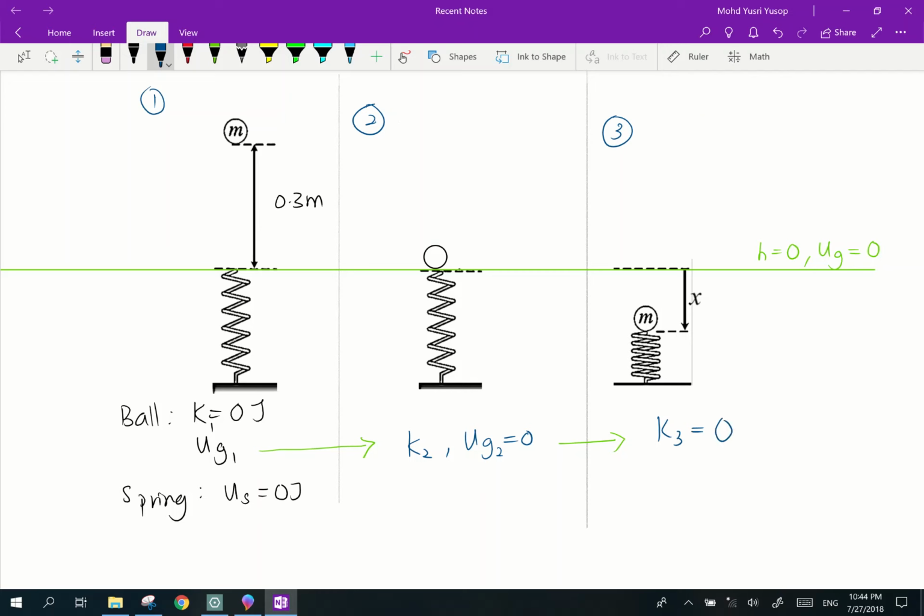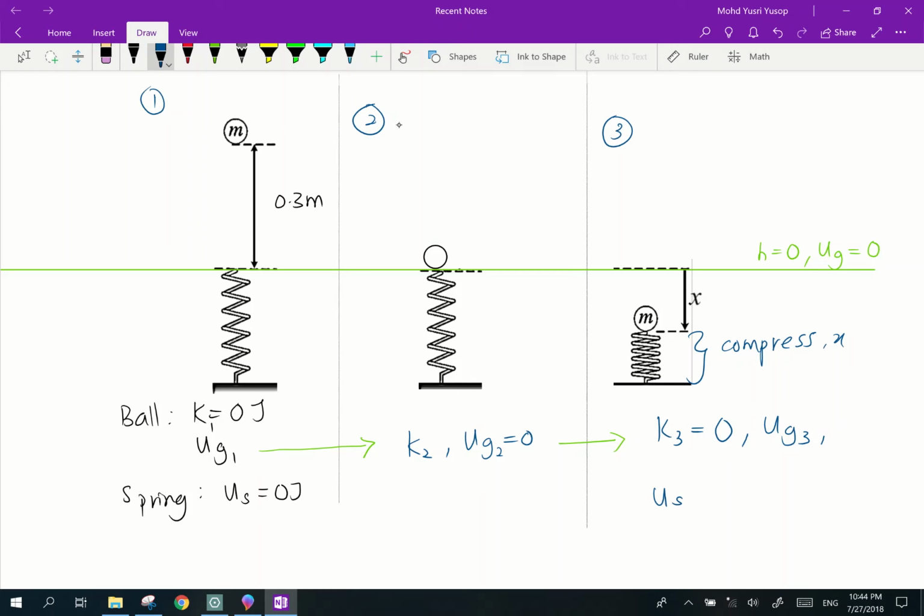But, kita perhatikan, bola ini tidak berada pada garisan hijau, maksudnya ada gravitational potential energy. Ada satu value. Dan, kita tengok spring kita sudah compress. So, sudah ada compression X. So, for the spring, kita ada elastic potential energy, US.